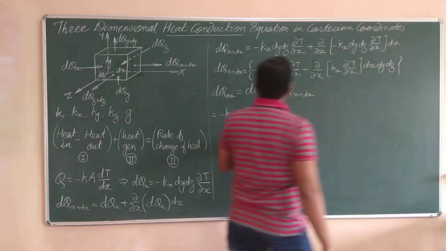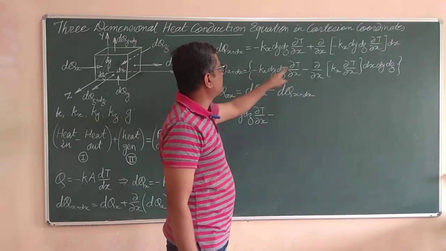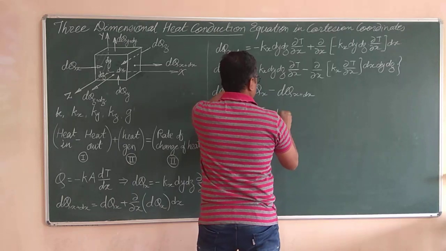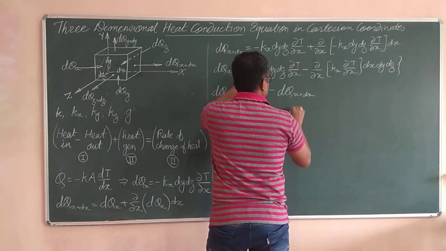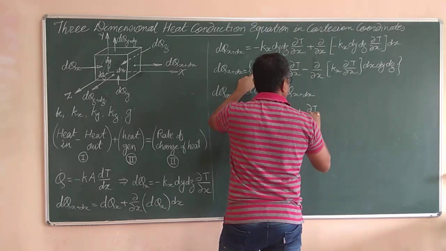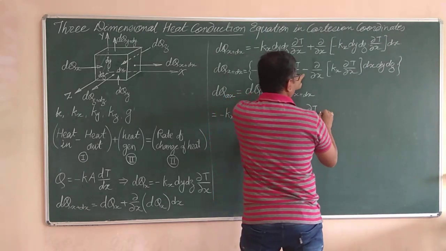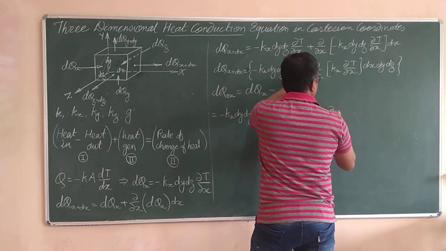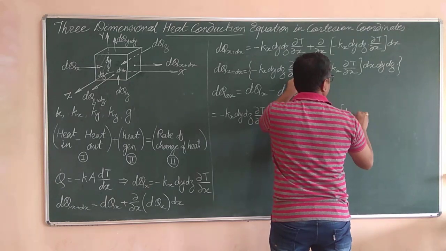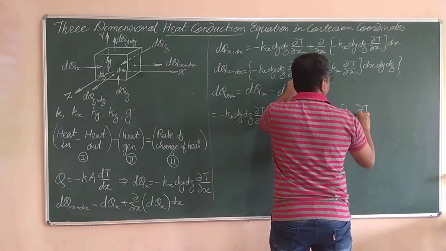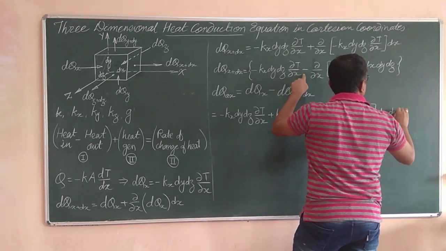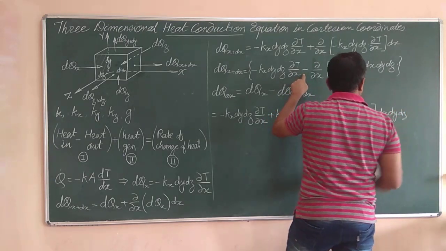If I take the minus of the entire bracket, minus minus will become plus, and the equation becomes plus kx dy dz into ∂T by ∂x, then again minus of minus becomes plus ∂/∂x of the square bracket kx into ∂T by ∂x, into dx dy dz, right?